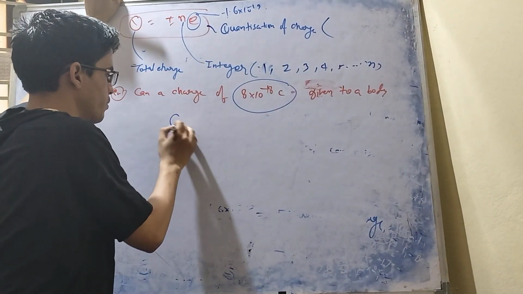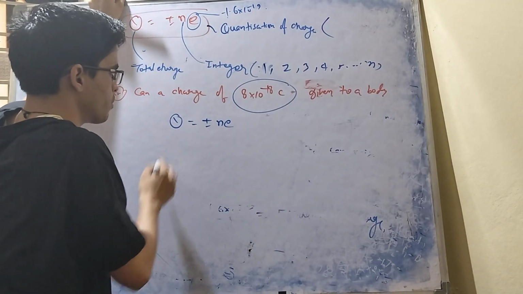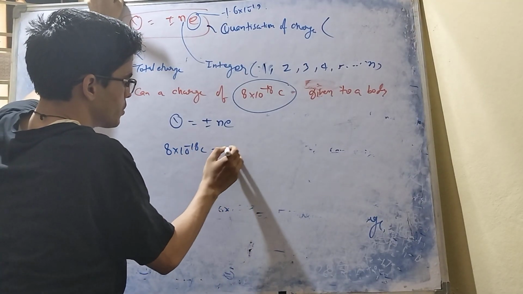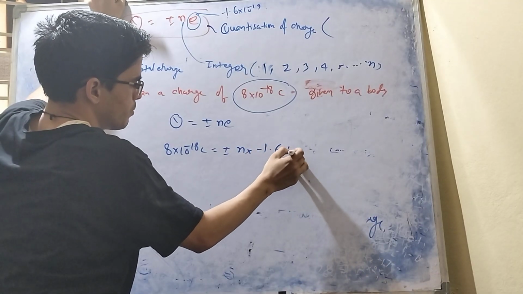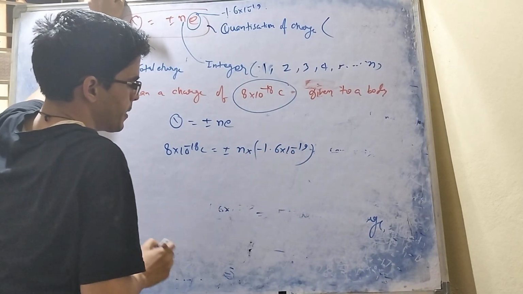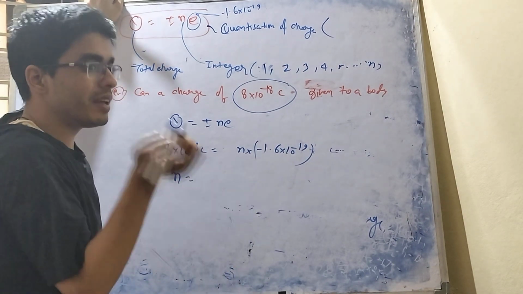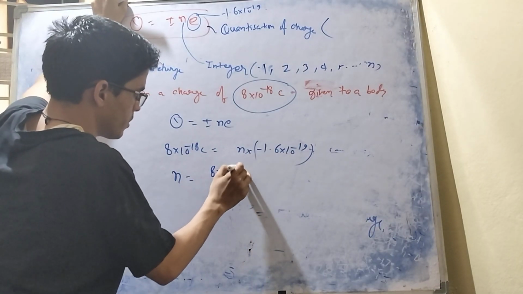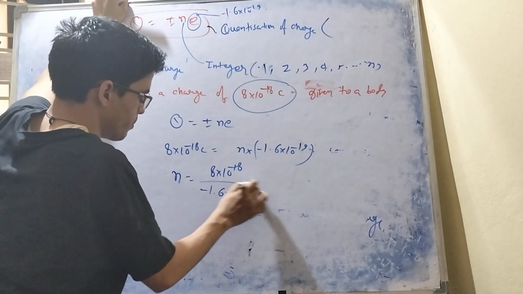Here I write Q equals plus minus n e. What is the Q value? It will be 8 into 10 power minus 18 coulomb equals plus minus n times e, where e is 1.6 into 10 power minus 19 coulomb.